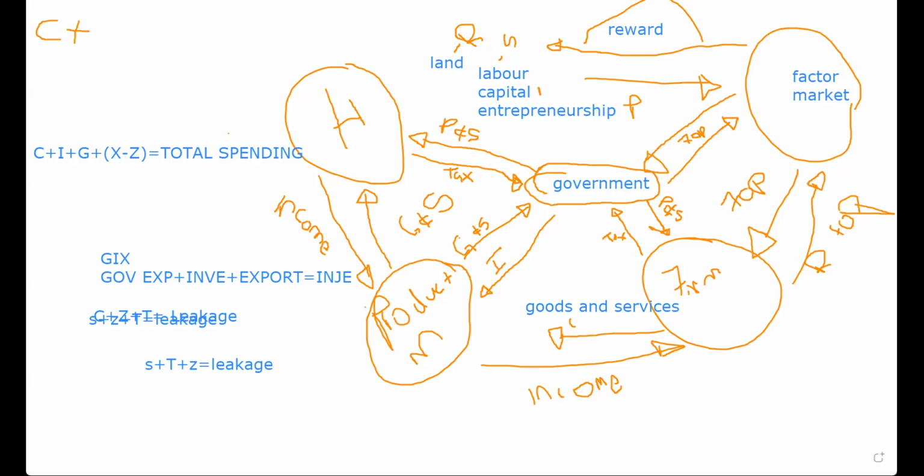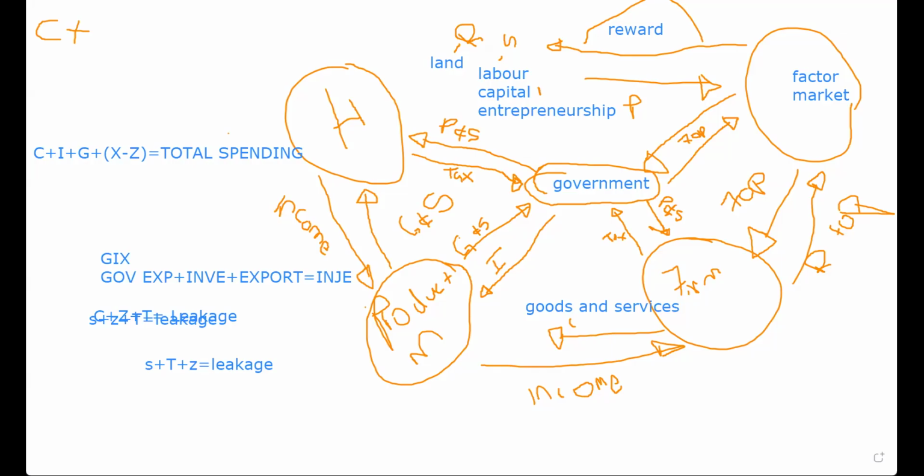The overall picture is that we have checks, which indicate the injections, and these which indicate the leakages. So here they are also explaining what we've just explained on the previous slide, guys.